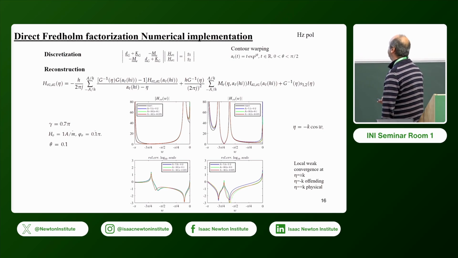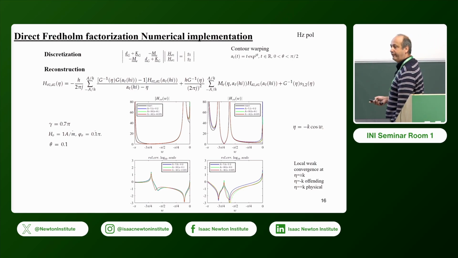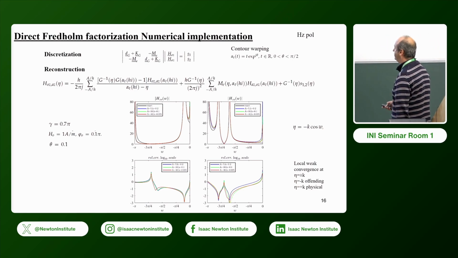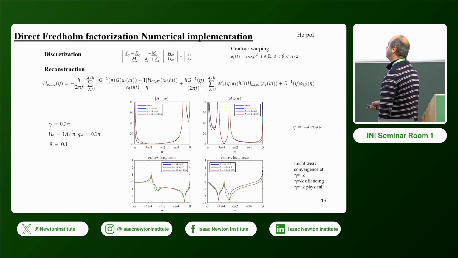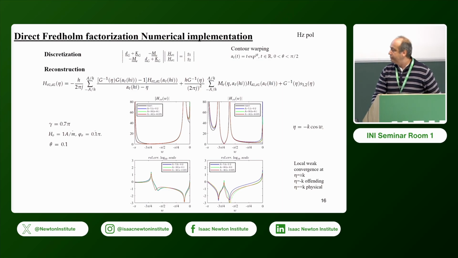The k is the physical branch cut, minus k in the unknown is an offending singularity for the approximation. Here you see the convergence in terms of relative error in log scale. Also, you can see that the extremes are not good, or of course the relative error is not good where the spectrum is equal to 0, but in the rest of the portion it is good.